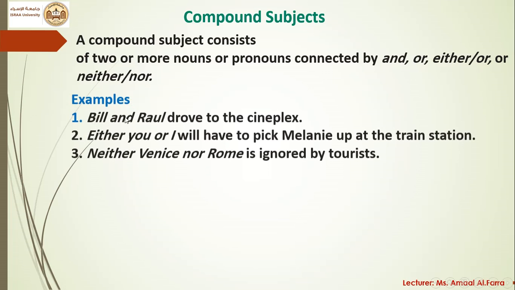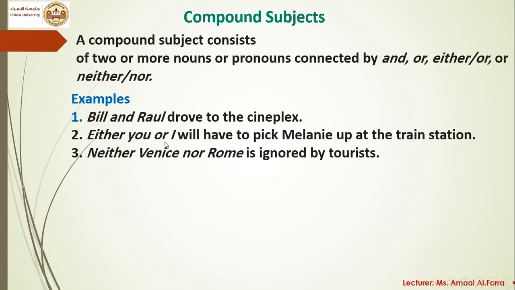Let's see the examples. Bill and Raoul drove to the Cineplex. Cineplex, this is a cinema with multiple theaters. Bill and Raoul. Here we have compound subjects. Both of them are subjects and they are connected together by the connective and.